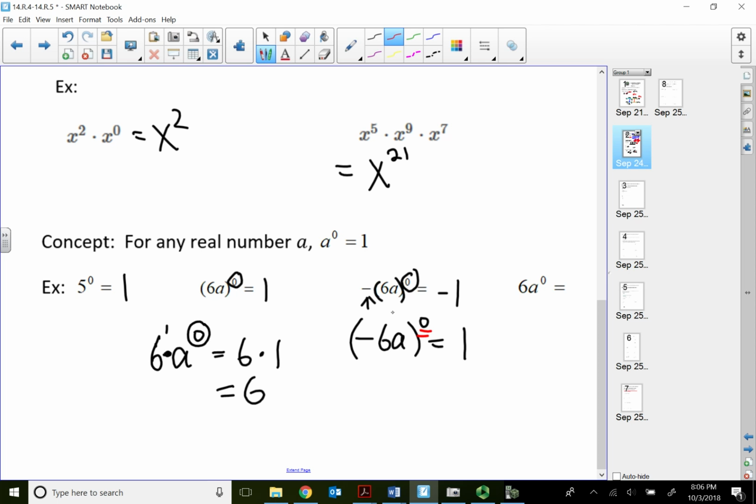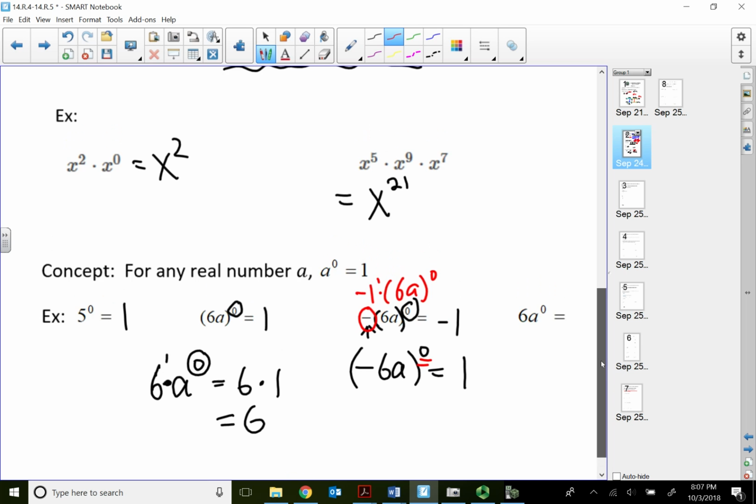So there is a big difference between having the negative sign in front of it versus inside of it, because then the exponent changes. The negative sign here actually means negative 1 times 6a to the 0 power, so this negative 1 actually has exponent 1. But when it's inside the parentheses, the exponent you look at is the one on the very outside.